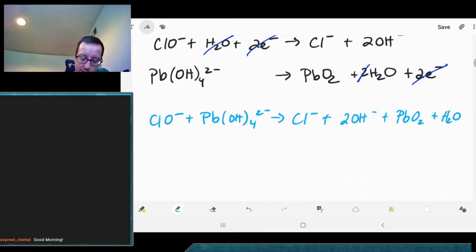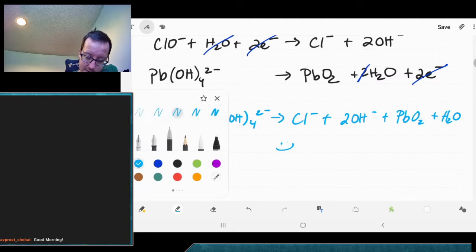And of course, we'll have all of our state symbols like before. Water will be liquid, the lead oxide is solid, everything else is aqueous. And we've done it. Hooray! So that's how we would balance that one. Hopefully that makes a bit more sense.